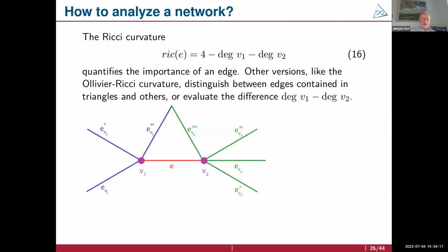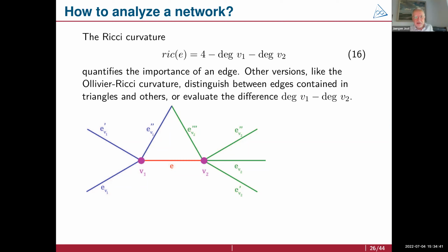If you want to look at spreading of information or diffusion or whatever through the edge, then those edges that form triangles, of course, keep things in the vicinity of E, whereas the others transport them to different parts of the network. One could, instead of looking at the sum of the degrees, also look at the difference of the degrees.